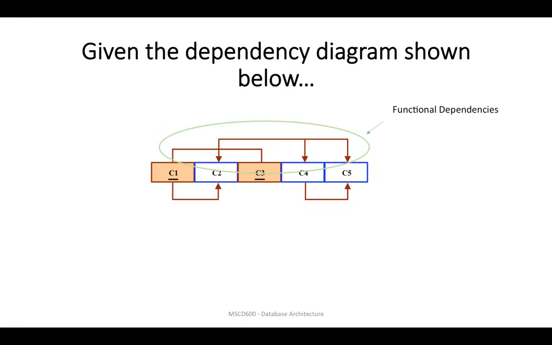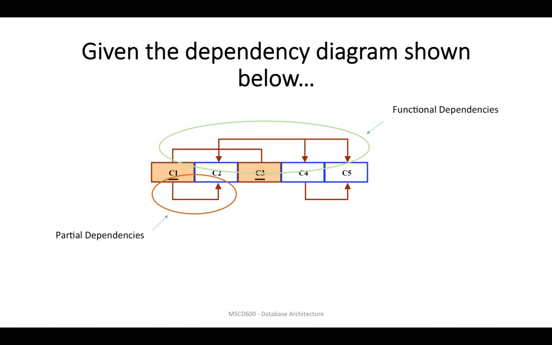C1 and C3 together, being the concatenated primary key, do determine attributes C2, C4, and C5. However, in addition to that, C2 can also be determined by just knowing C1. Therefore, if you had C3 and C1, you still can know C2. But in addition, just knowing C1 will allow you to know C2.